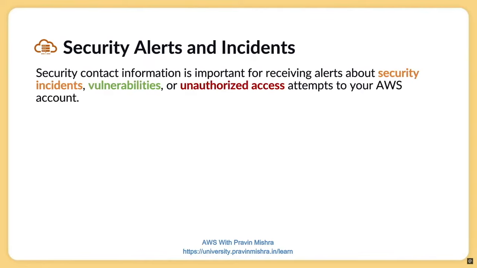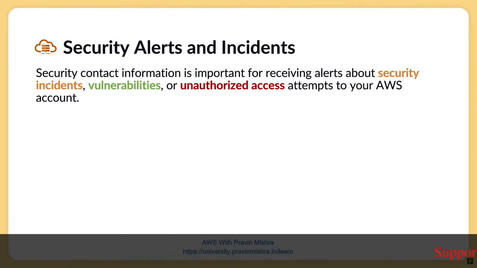Now last is security and incidents. And again, this is very important because security contact information is important for receiving alerts about security incidents, vulnerabilities, and unauthorized access attempts to your AWS account. So, quick access to these alerts allows the security team to respond promptly to protect your organization's data, applications or resources.